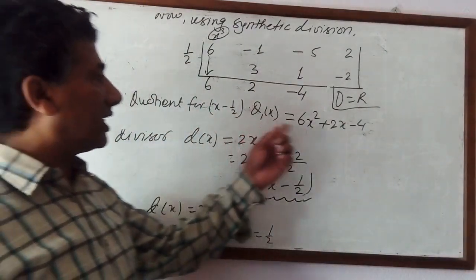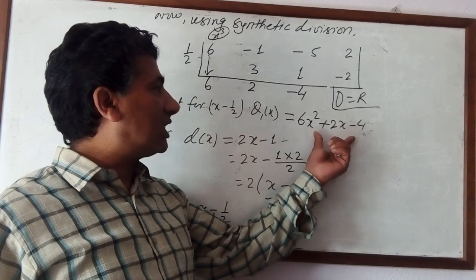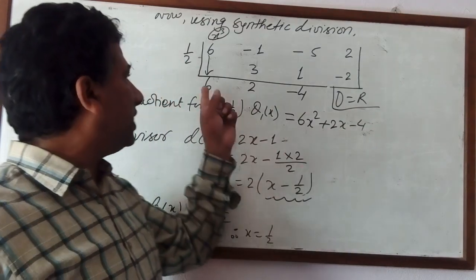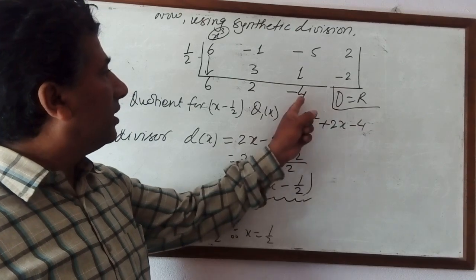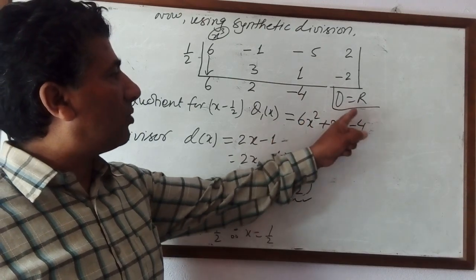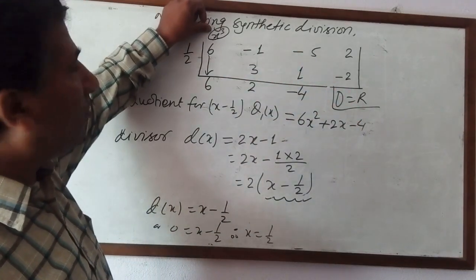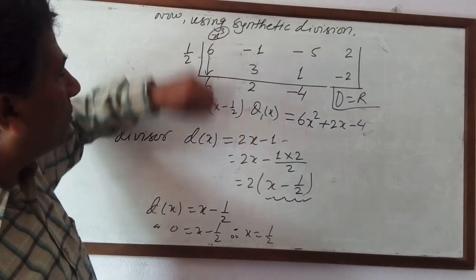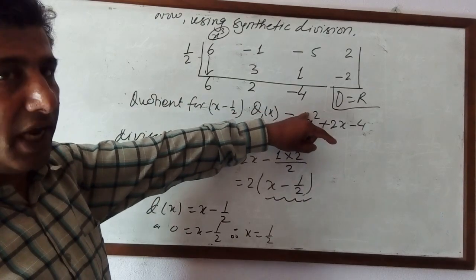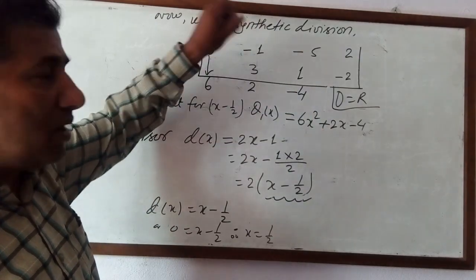In this Q1(x), 6x square plus 2x minus 4, the powers are x power 2, x power 1. The highest degree of the polynomial is 3, the highest degree of the divisor is 1, 3 minus 1 is 2. That's why x square; we have to reduce by 1.